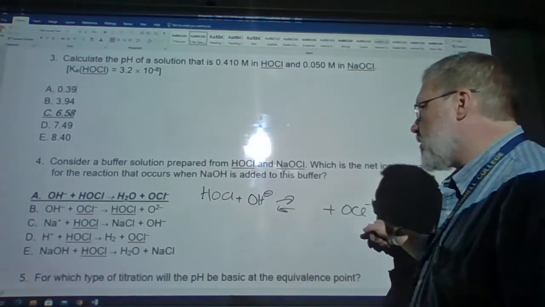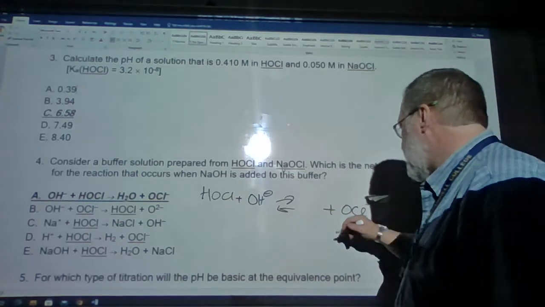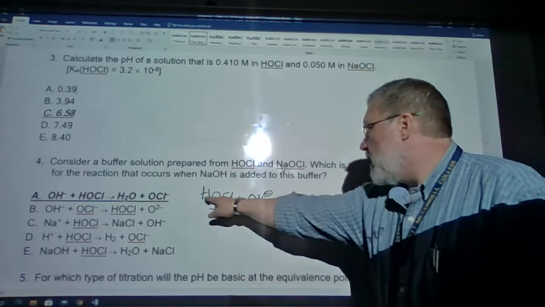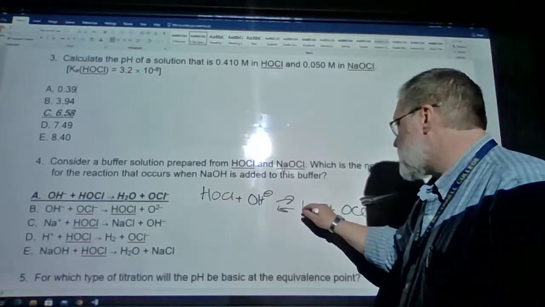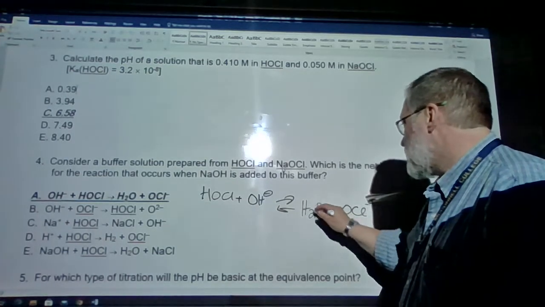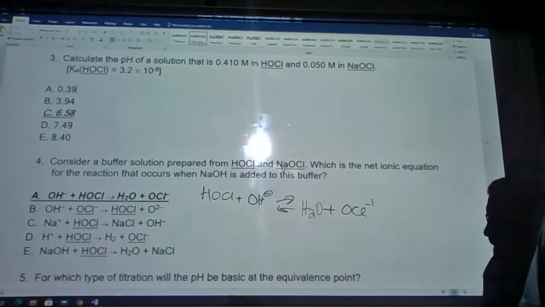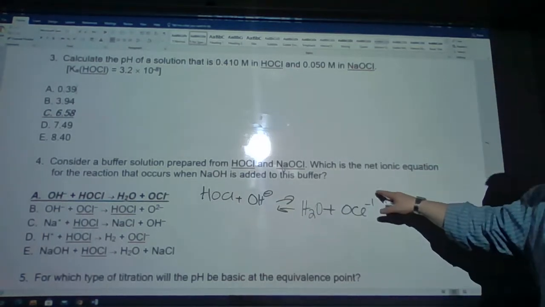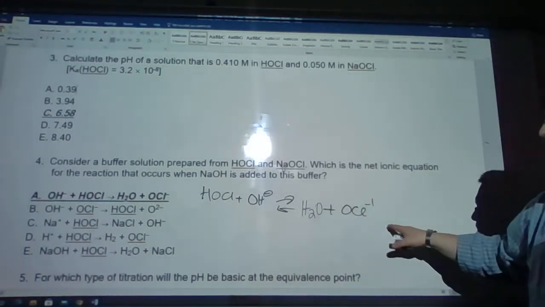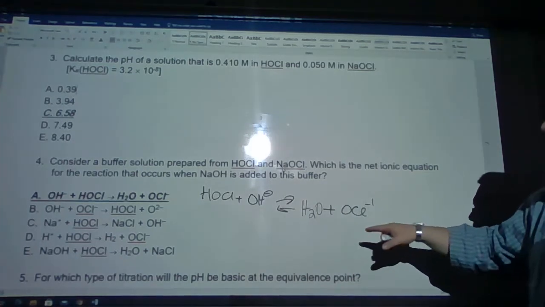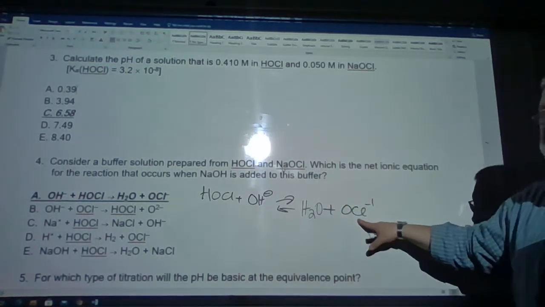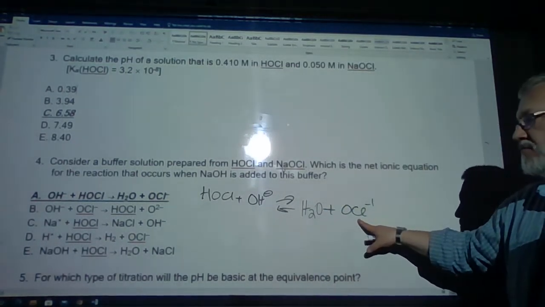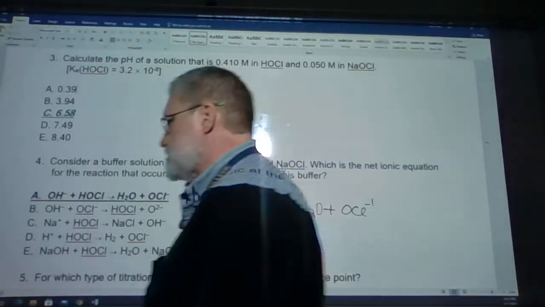It forms water and the corresponding salt. Well, water, H and OH, H2O and OCl minus. So this is the net reaction that occurs when OH anion is reacted with the HOCl and the OCl minus buffer solution. Answer A.